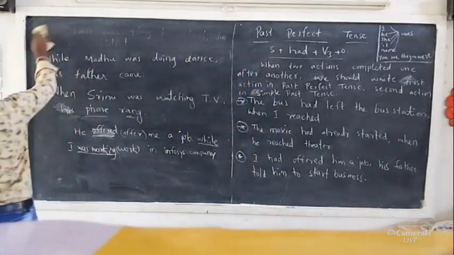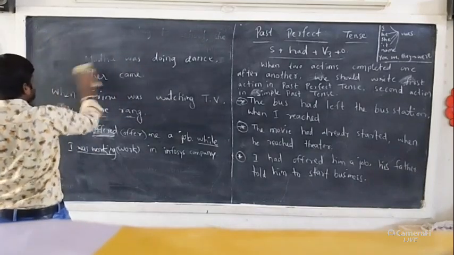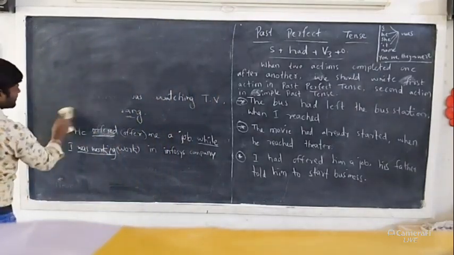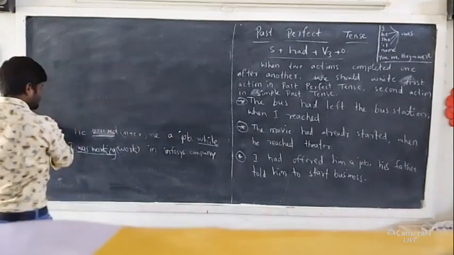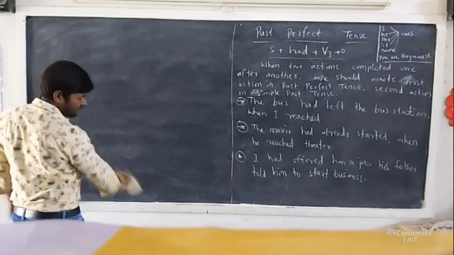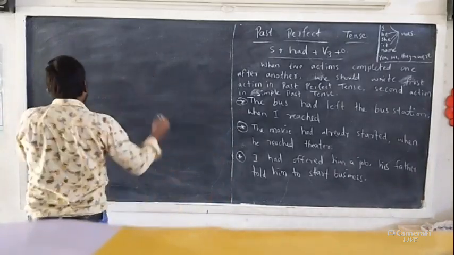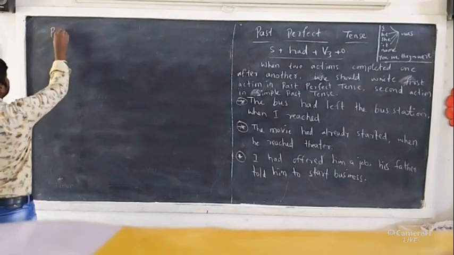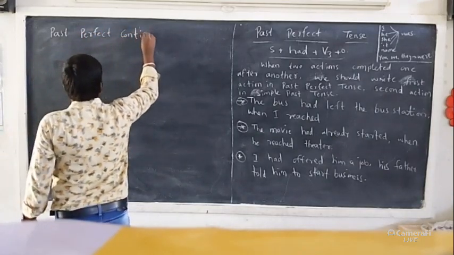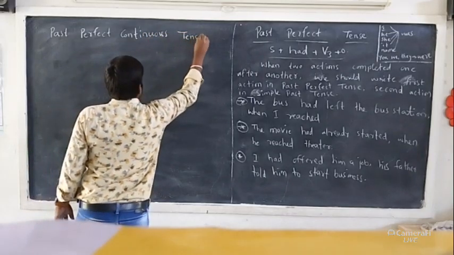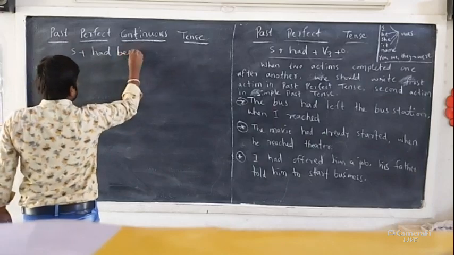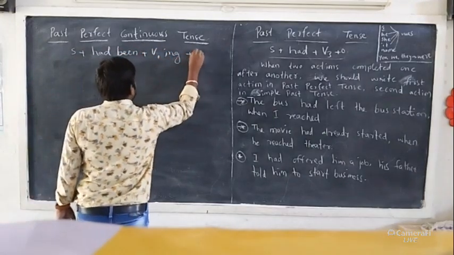Next, past perfect tense, past perfect continuous tense. So what is the structure?